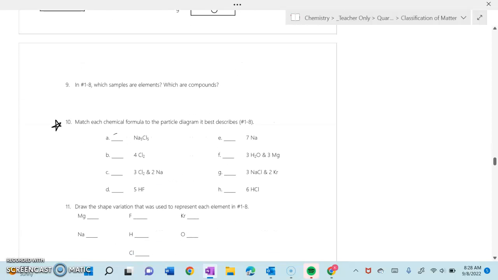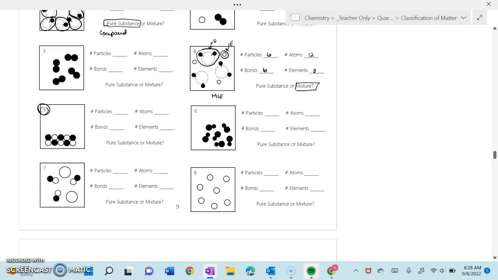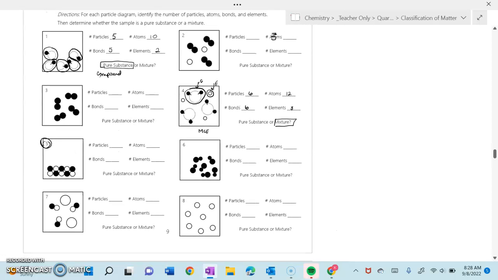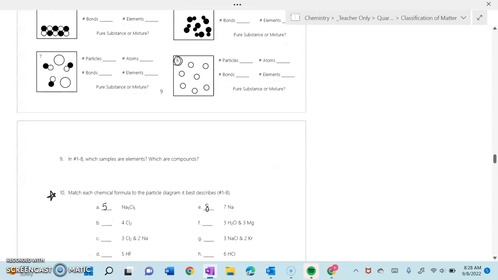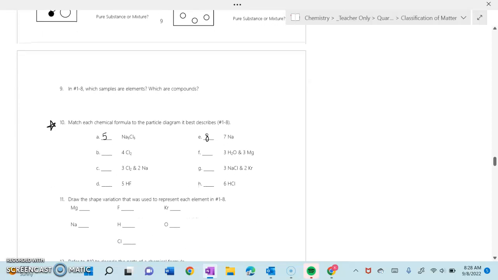So this would be particle diagram number 5. Let's also look at 7 Na. So we want to find 7 of a certain shape. It's just that one shape. Looks like 8. Okay. So there's how you do number 10 and number 11.